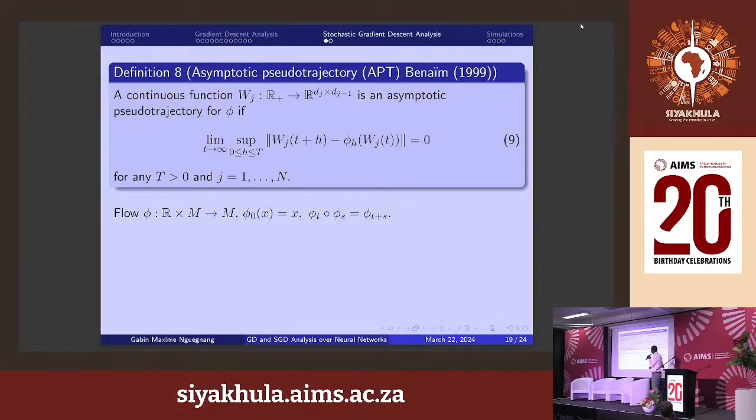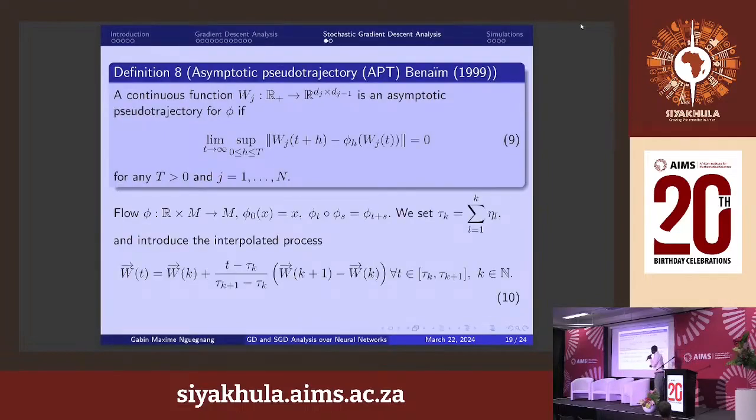For stochastic gradient descent, we need some important tools of approximate stochastic methods, which are given by Benaim. We interpolate the discrete algorithm to define a continuum process.